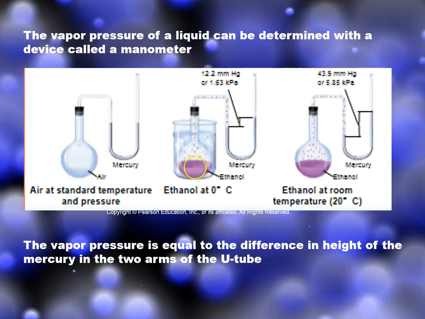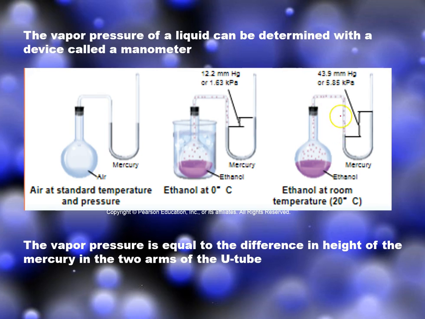And so you have these gas particles coming up. They're going to press down the mercury. And this is an open tube. It's open to the air. And so we measure the difference between the heights of the mercury at this end and this end, and this tells us what the vapor pressure is. Now notice this is at 0 degrees Celsius. So if we heat this up to room temperature, notice you have more gas particles evaporating.